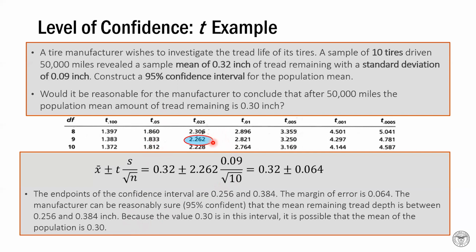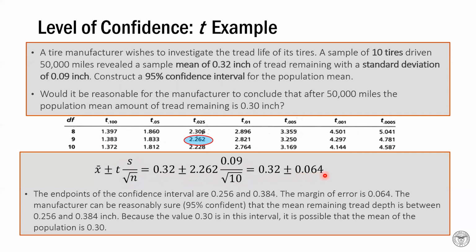Because we do not know the population standard deviation, we use the sample standard deviation to estimate it. Then the confidence interval is given by x bar plus minus t times s over square root of n, equal to 0.32 plus minus 2.262 times 0.09 over square root of 10, which is equal to 0.32 plus minus 0.064.